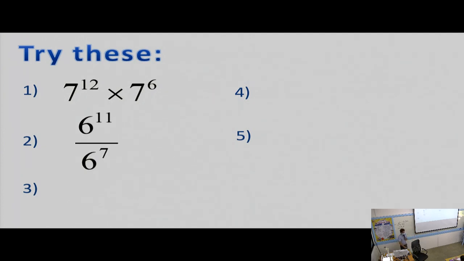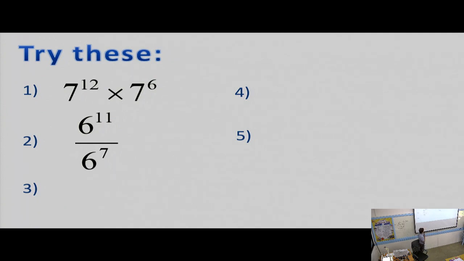How about this one? 6 to the power of 11 over 6 to the power of 7. Remember, over is the division sign. If you see a fraction form, that is division.